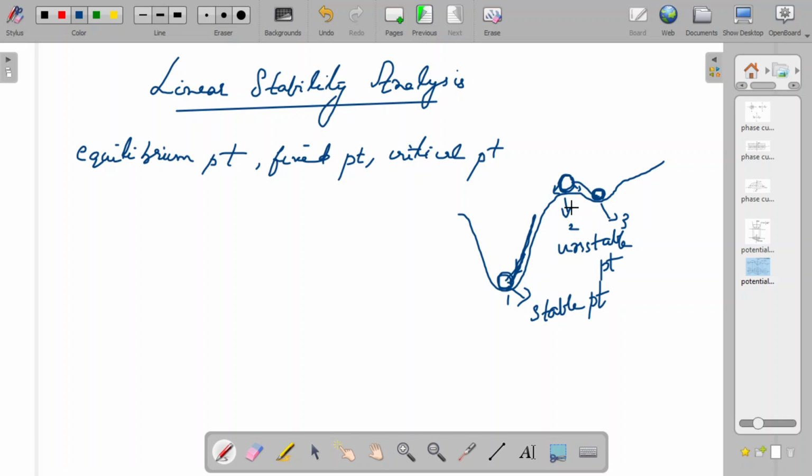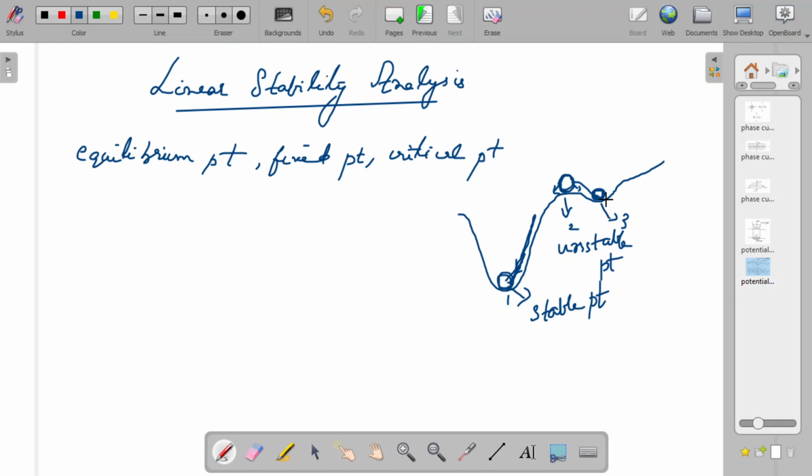I think this is what we have studied in the simple pendulum case also. It was explained there, but this is a little more detailed explanation. Now you can see that 3 is also a point like this, but not as deep as point 1.